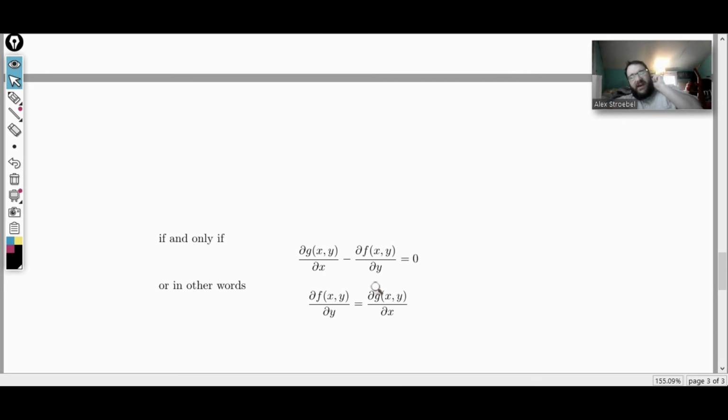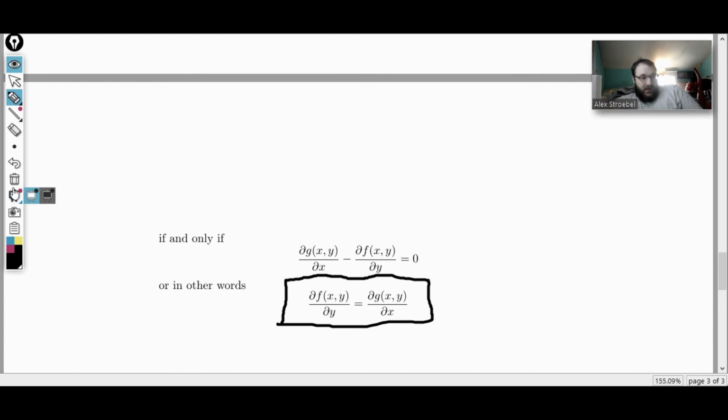Another way of saying that is just this component has to equal this component, and then you can see we get the test to determine whether this is the same exact thing as the test to determine whether a two-dimensional vector field is conservative. Right, this is just a generalization of this test for 3 dimensions.